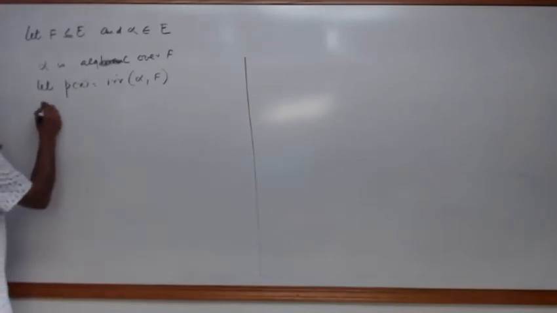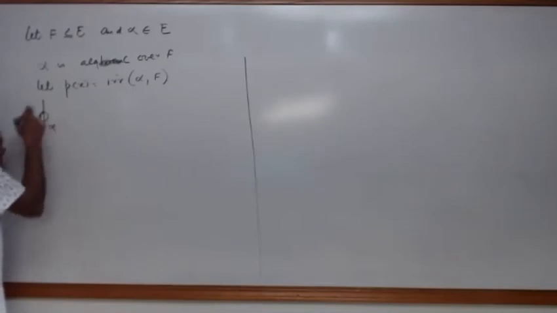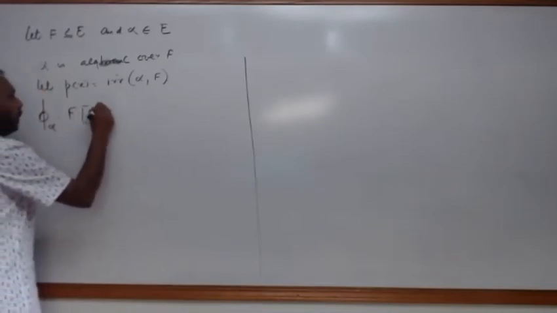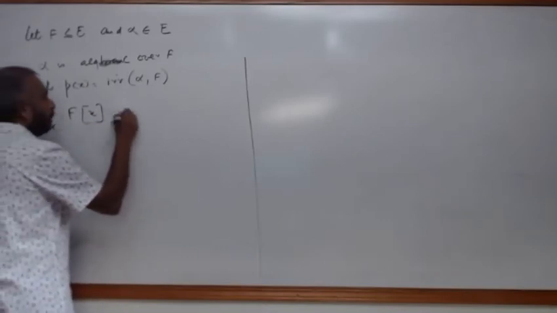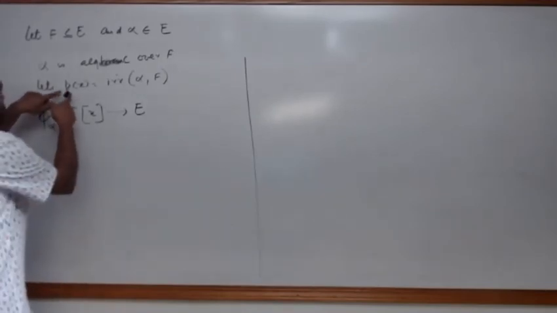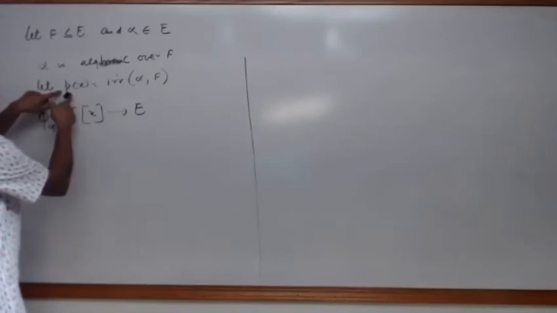And well, let us define the evaluation map at alpha. Evaluation map always goes from the ring of polynomials over F to E. What is the meaning of this?